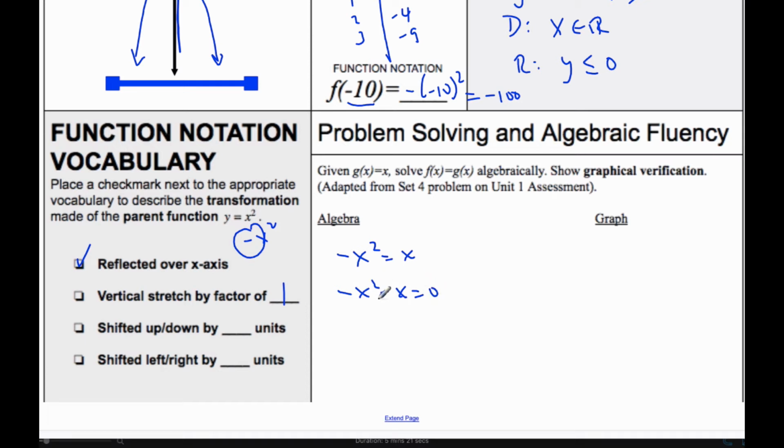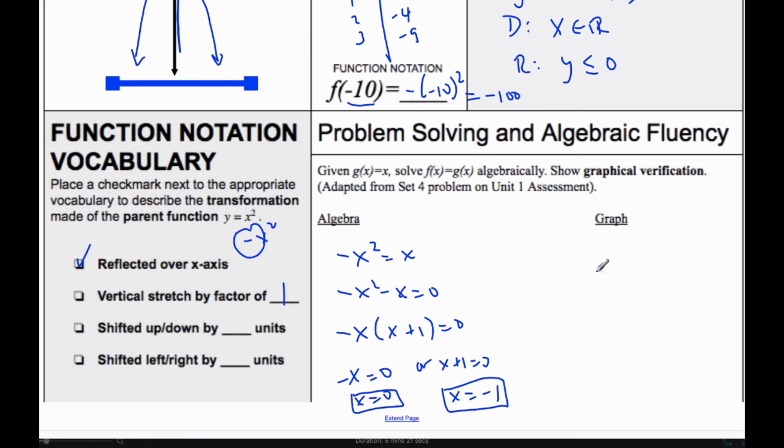Then I'm going to factor out a negative x, which leaves me with x plus 1. Negative x could be 0, so x is 0. Or x plus 1 equals 0, so x equals negative 1. All right, so here are my two solutions algebraically.